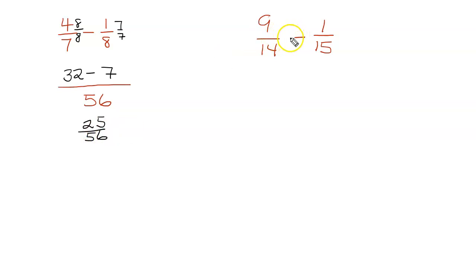All right, now looking at this one. Now notice 14 and 15 are not prime. So you want to find what will be our common denominator here. Well, one of the techniques we mentioned is we take the items we're looking to find the common denominator of and do the prime factorization of it.